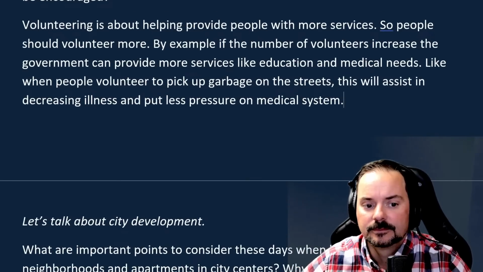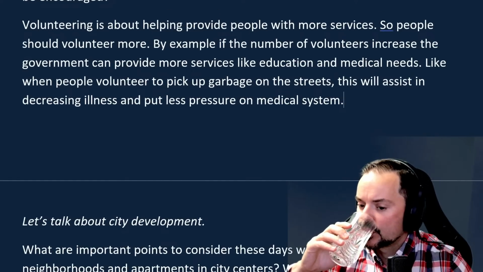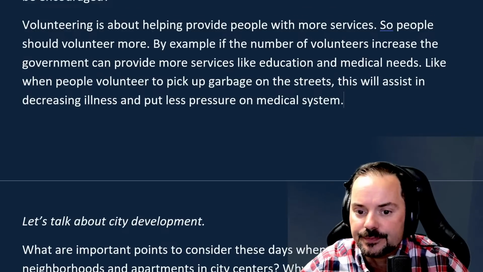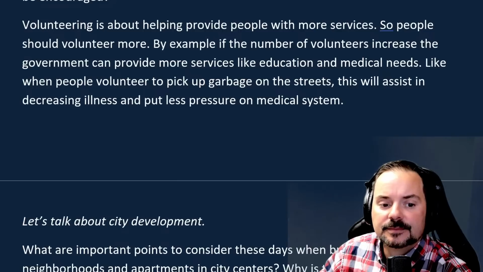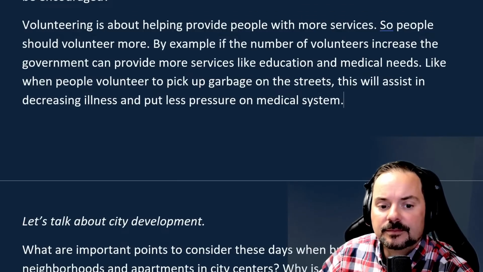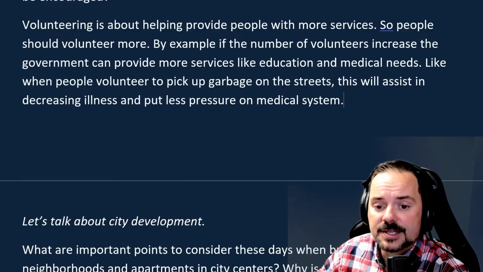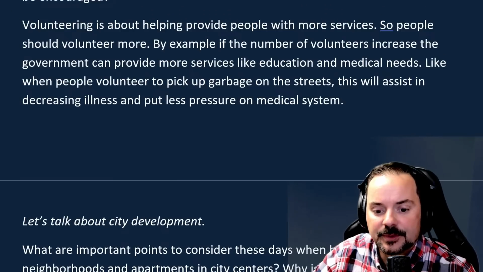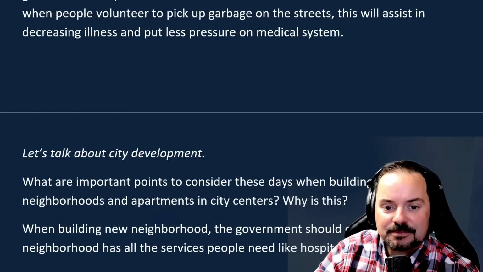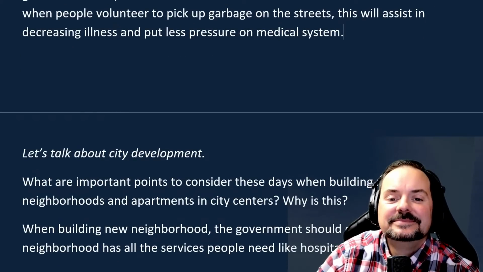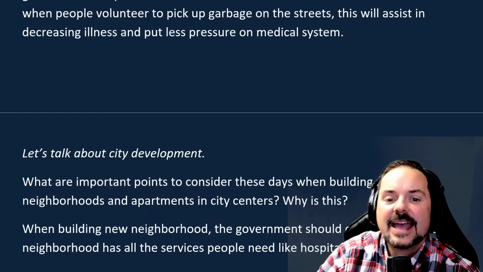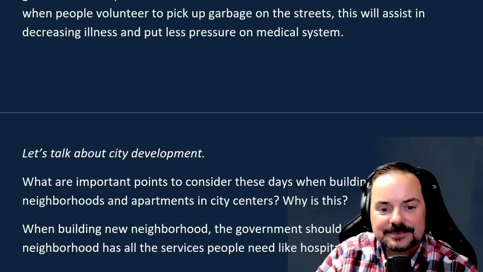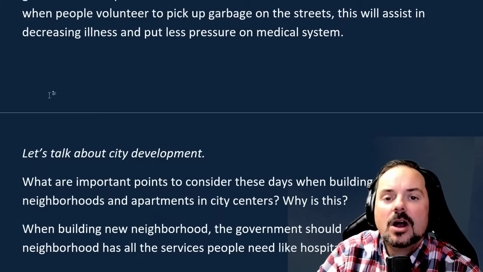Like when people increase volunteering in cleaning their streets, that helps to keep them in a healthy environment, and decrease the pressure on the health system. Okay, very good. Medical system. Go ahead, repeat after me. Medical system. Healthcare system.